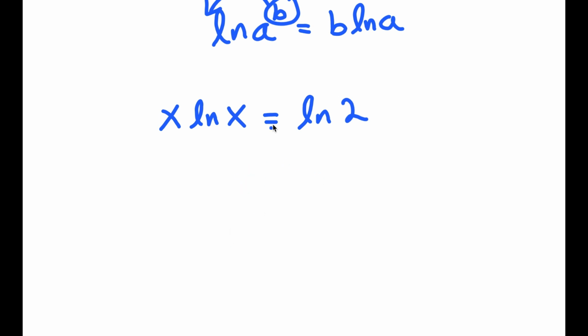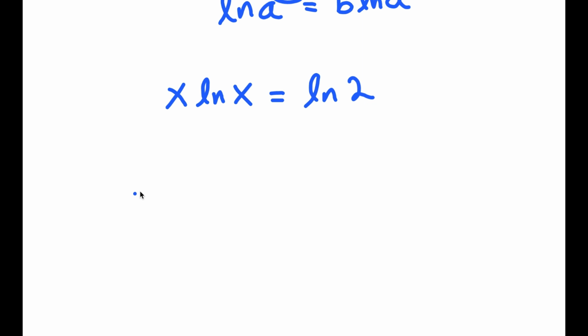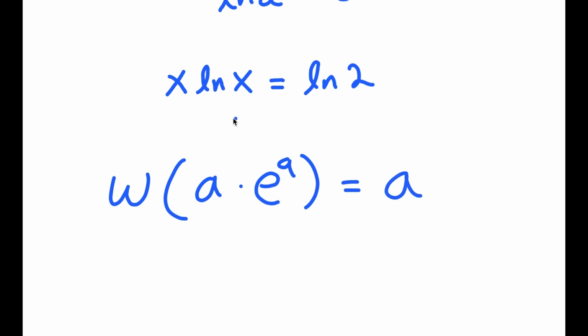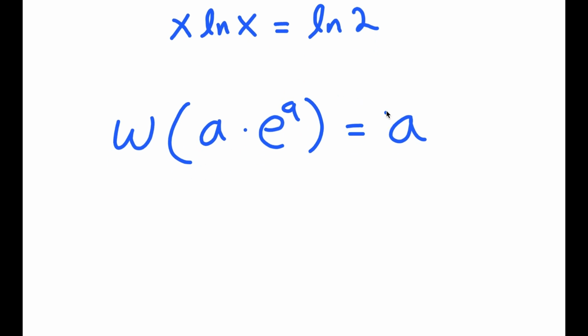Now, what I'm going to be using is something known as the Lambert W function. And what this states is that if I take the W of something in the form a times e to the power of a, this is equal to a. So, before we even use this, what I'm going to do is rewrite x.